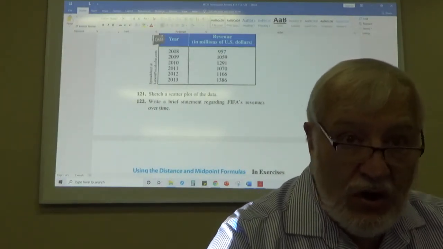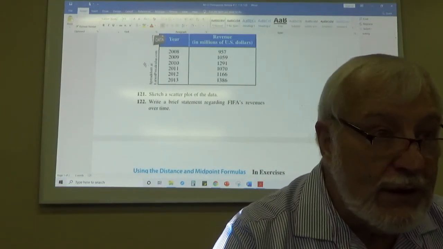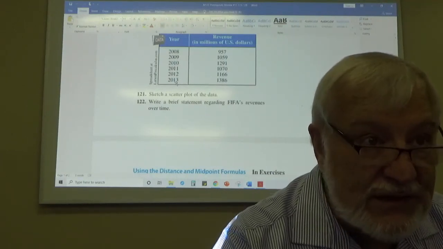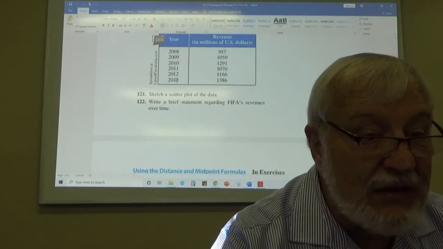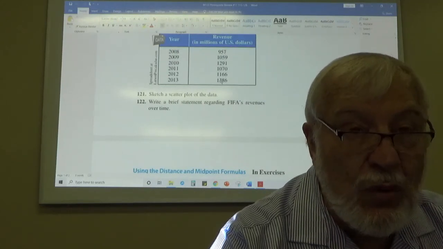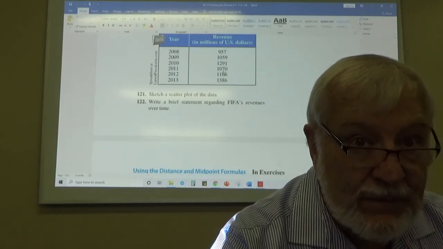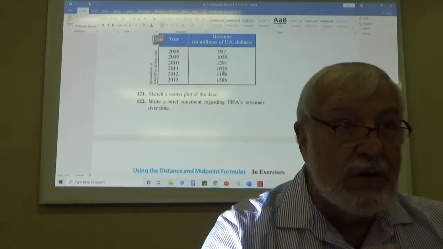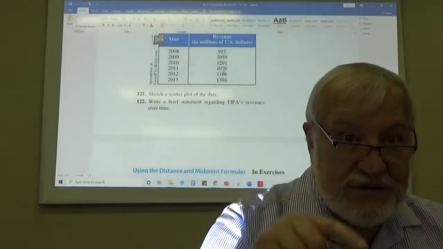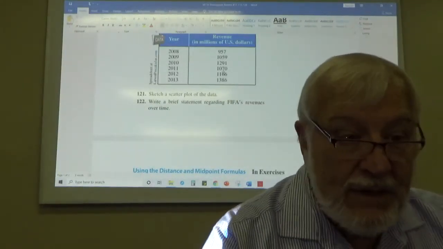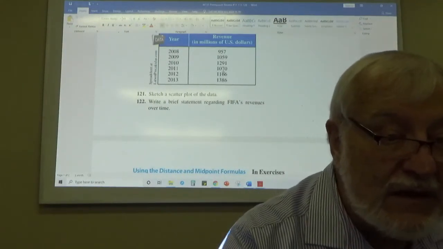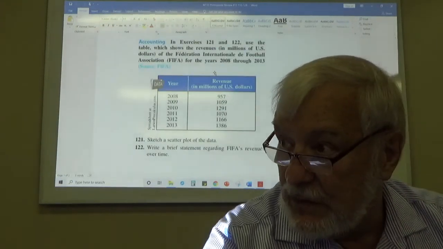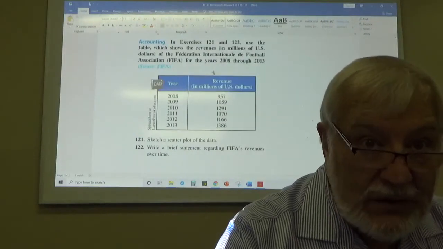So in this chart, you could use 8, 9, 10, 11, 12, and 13 as the X values, and then use these as the Y values. Enter them one after the other down L1 for the X's and L2 for the Y's. Then you can calculate a linear equation using stat calc.